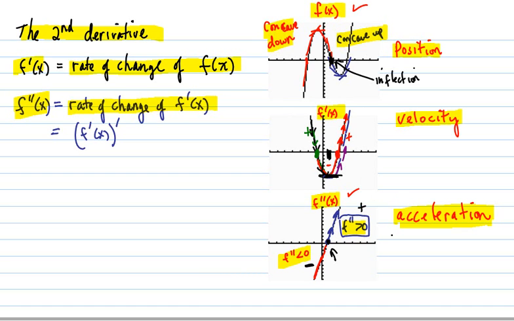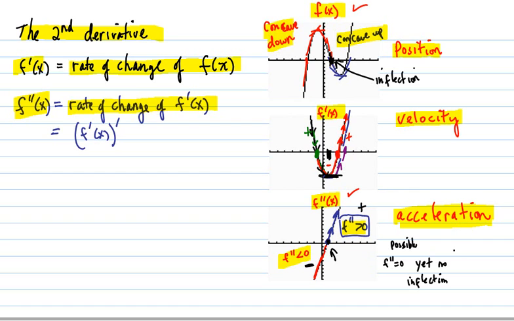There's times where an f double prime could equal 0, and you don't have an inflection point. It's possible that f double prime can equal 0 and yet no inflection. And that will happen when f double prime doesn't change sign across 0.